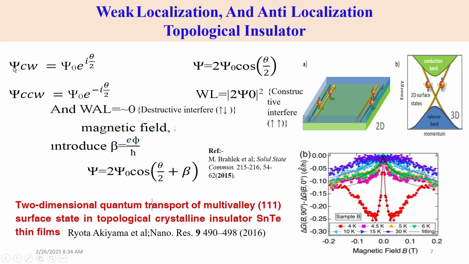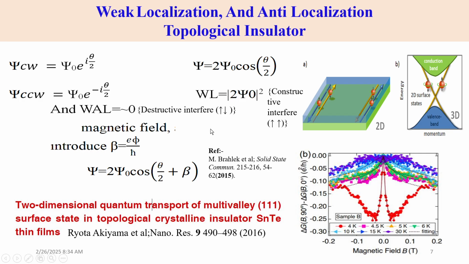The wave function of the clockwise electron has a corresponding static wave function and phase factor, and the wave function of the counterclockwise electron likewise. This is the total wave function after the interference effects, and if the electrons interfere constructively with the same spins in the same direction, this is the probability of the electrons.